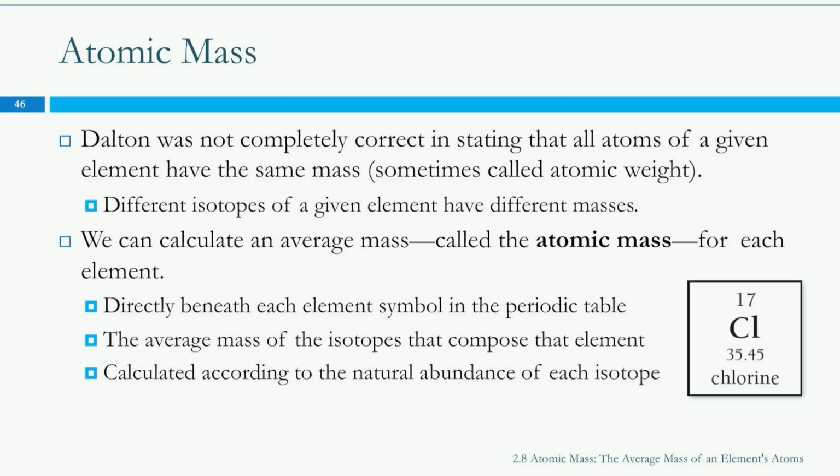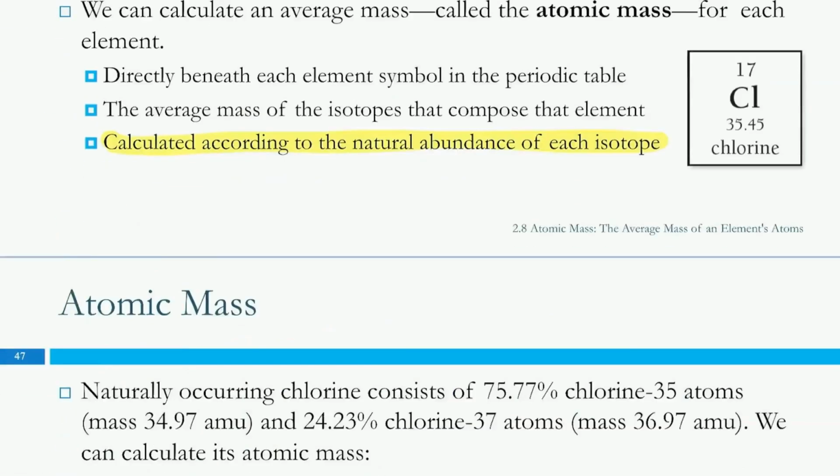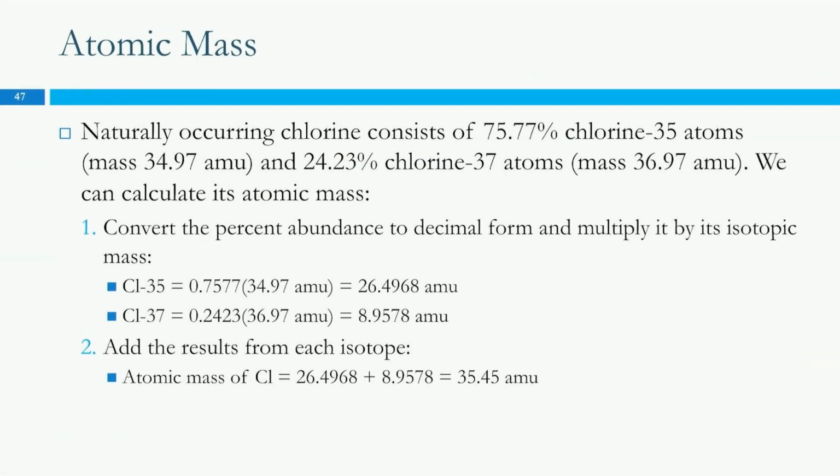Okay, so we calculate this according to the natural abundance of each isotope using a weighted average. Naturally occurring chlorine is 75% chlorine 35 and 24% chlorine 37, and these are exact mass numbers.